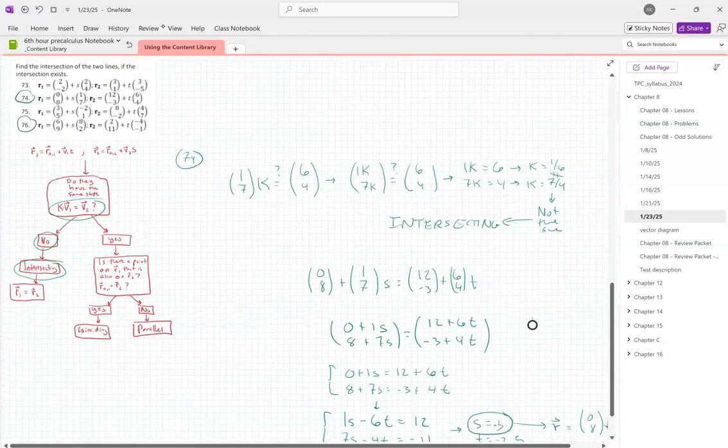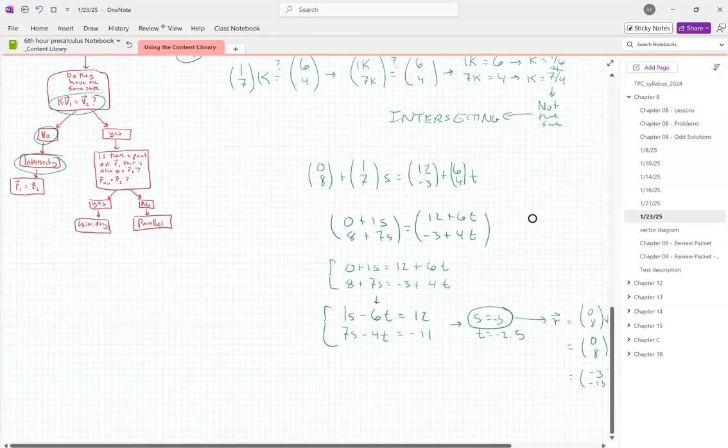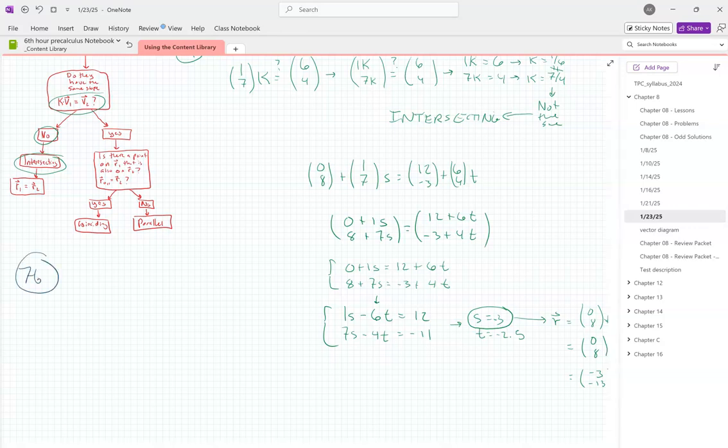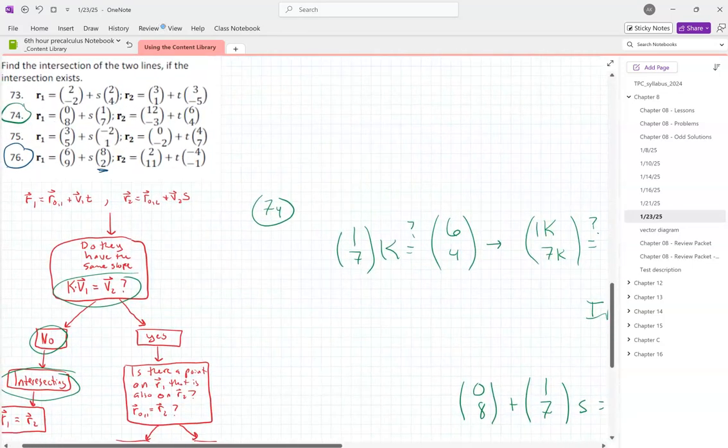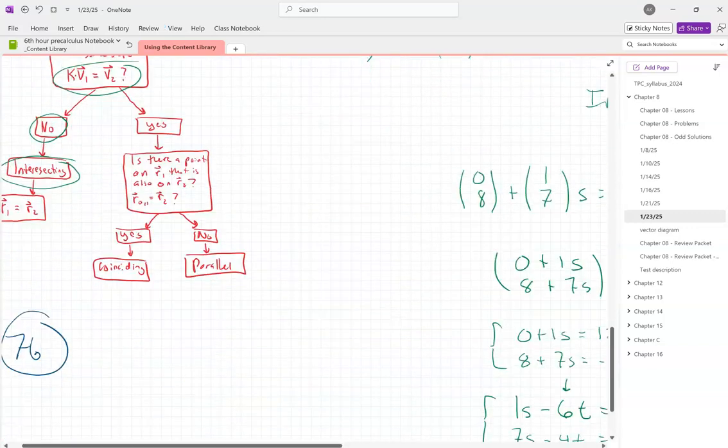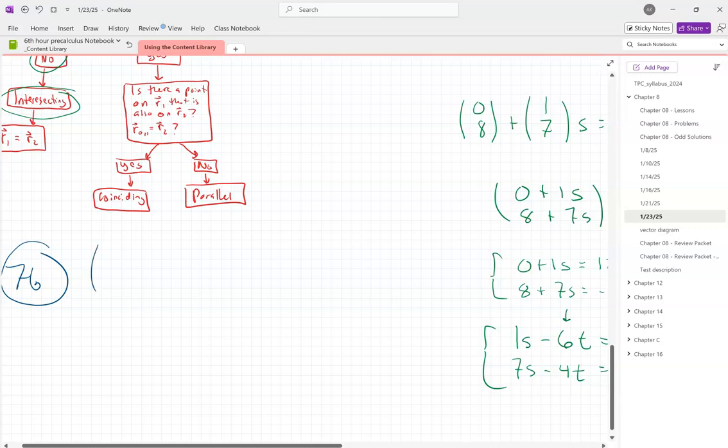So we'll do now number 76. I'll do that in blue. It starts the same way. I want to check to see if I have the same slope vector. So I'm going to take the slope vector from equation 1 and see if it's a scalar multiple of the slope vector from equation 2. I've already forgotten the numbers. I have to go back and look.